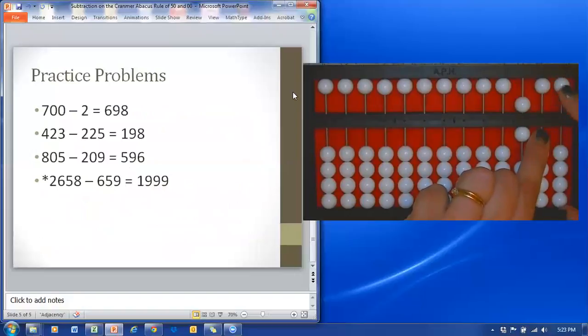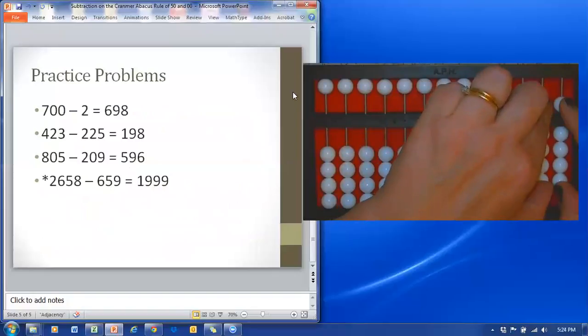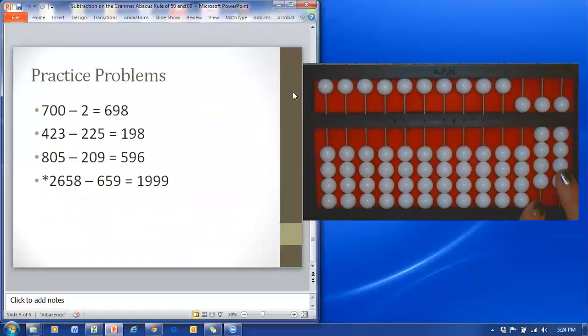So 1 up as I return the 4 below it, 2 down, 3 down, 4 down, 5 down. I need to keep going, so the next place I can subtract is in the hundreds place. 6 down as I return the tens and the ones. Continue in the ones. 7 down, 8 down, 9 down for an answer of 596.